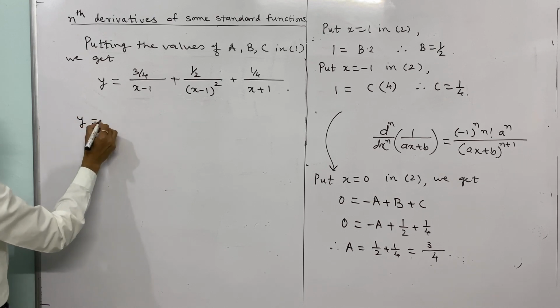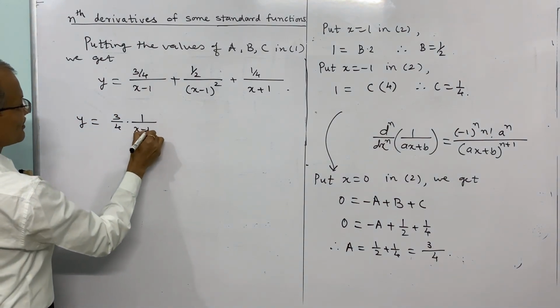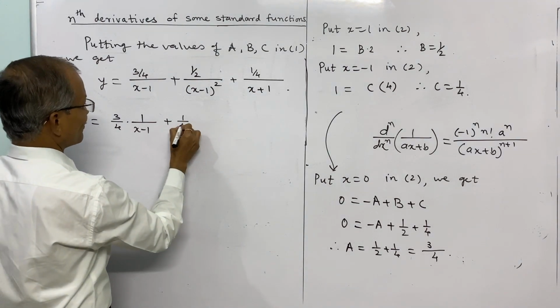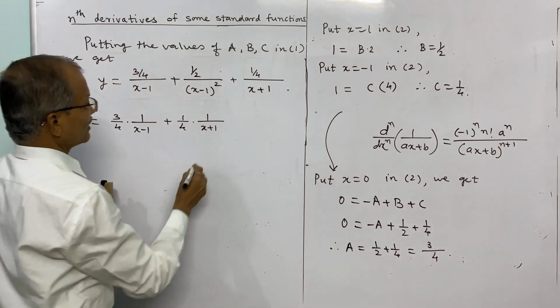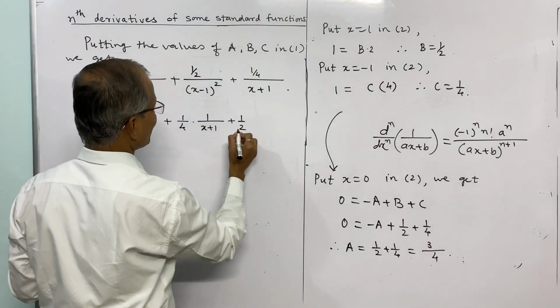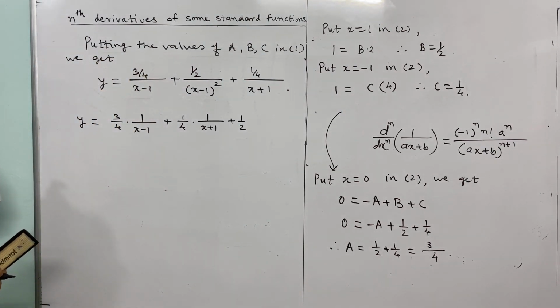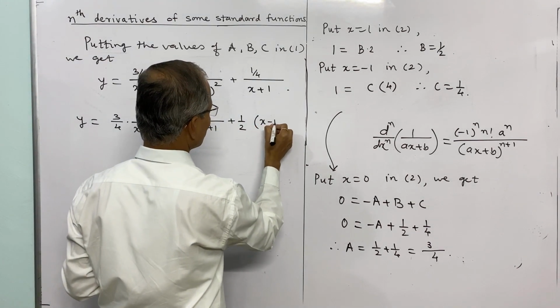This y can be written as 3 by 4 into 1 over x minus 1, plus 1 by 4 into 1 upon x plus 1, and then I shall write 1 by 2 into x minus 1 to the power negative 2.